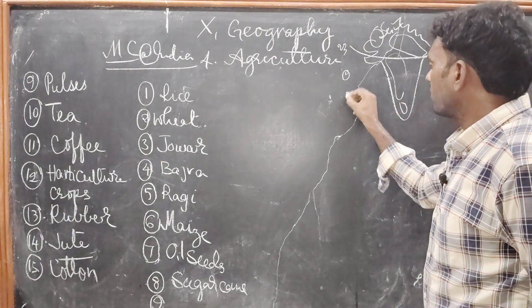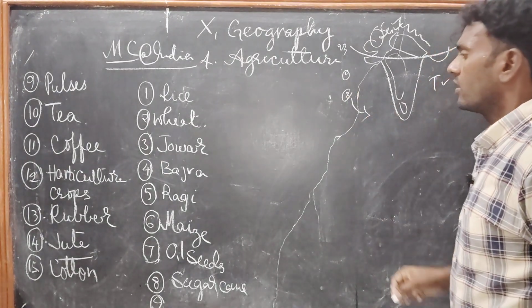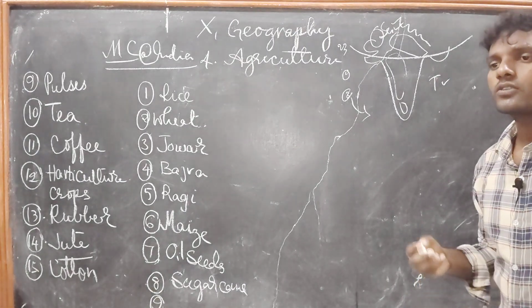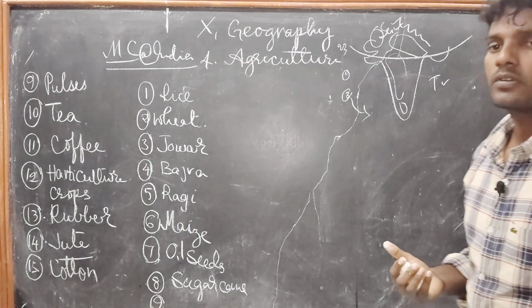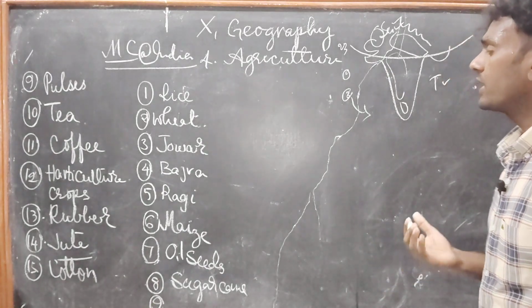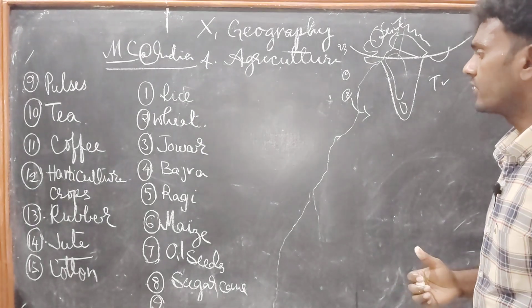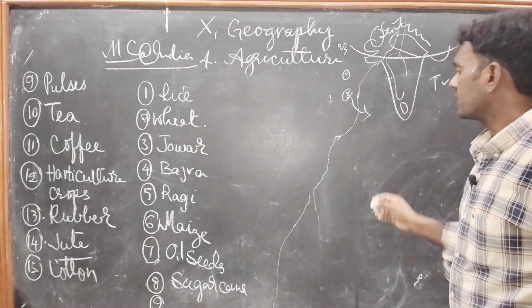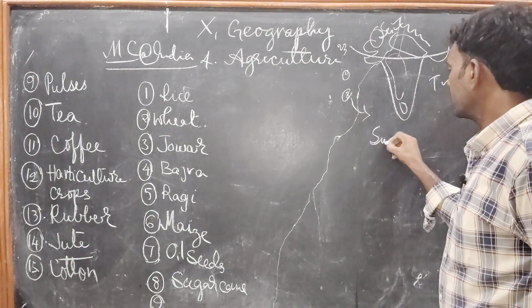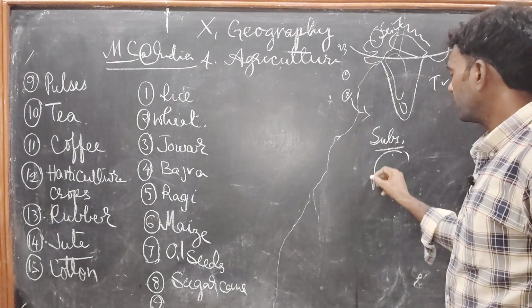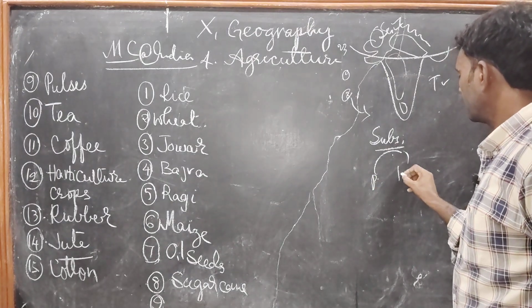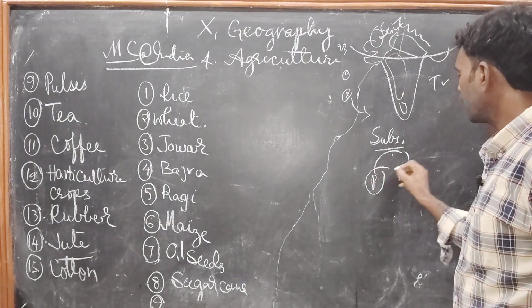And the third point: socio-cultural activities and the types of farming also play a main role in what kind of crops we cultivate. Already we discussed that in India we follow subsistence farming. There are two types: primitive as well as intensive.